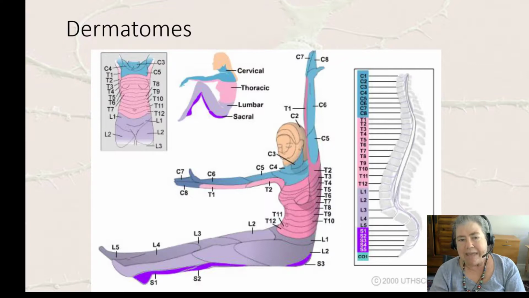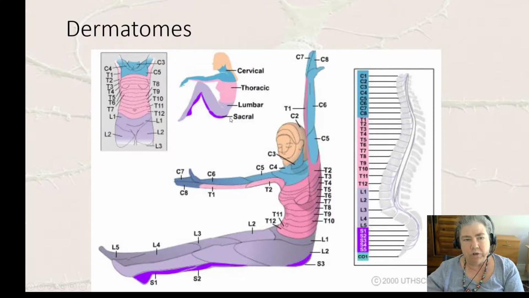This is a diagram showing the somatosensory supply from the cervical spine, from the thoracic spine, from the lumbar spine, and the sacral spine. Remembering that the cell bodies are in the dorsal root ganglia where the nerves emerge from the spinal column.